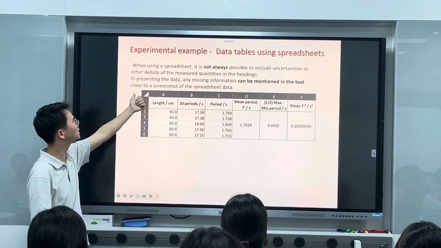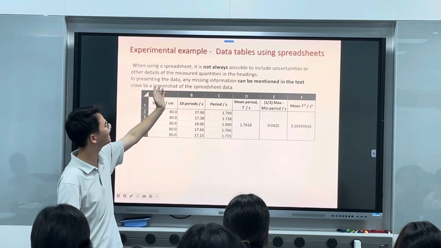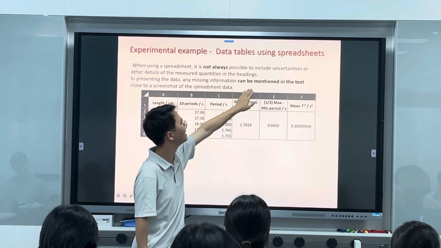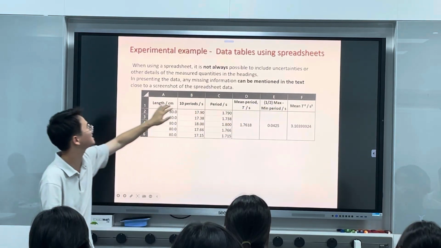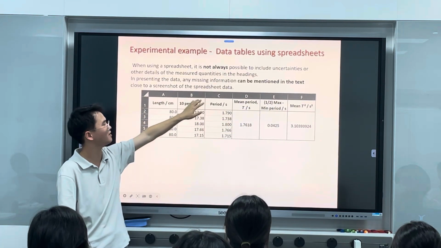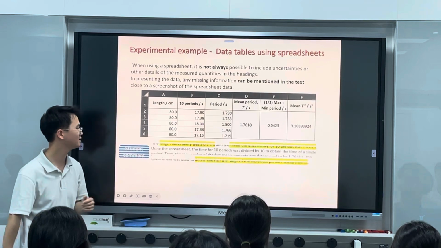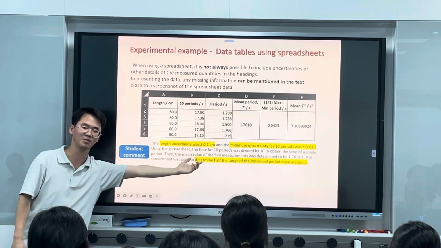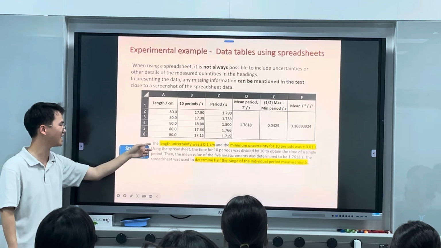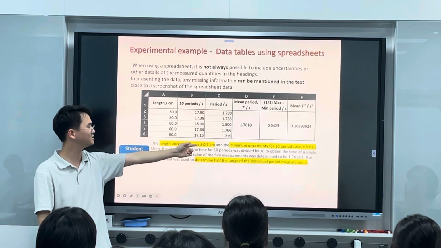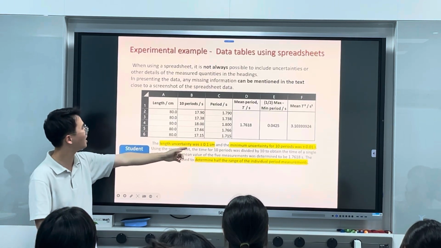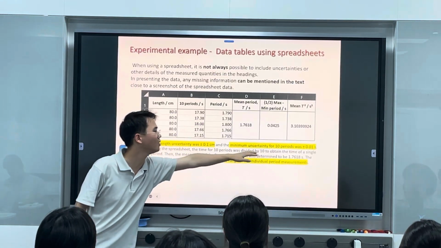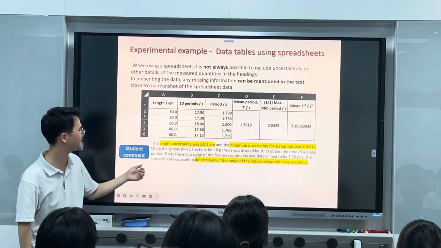But when presenting the data, any missing information can be mentioned in the text close to the screenshot of the spreadsheet data, like here. The student comments right underneath the table, saying that the length uncertainty was plus or minus 0.1, and the minimum uncertainty for 10 periods was plus or minus 0.01 second.